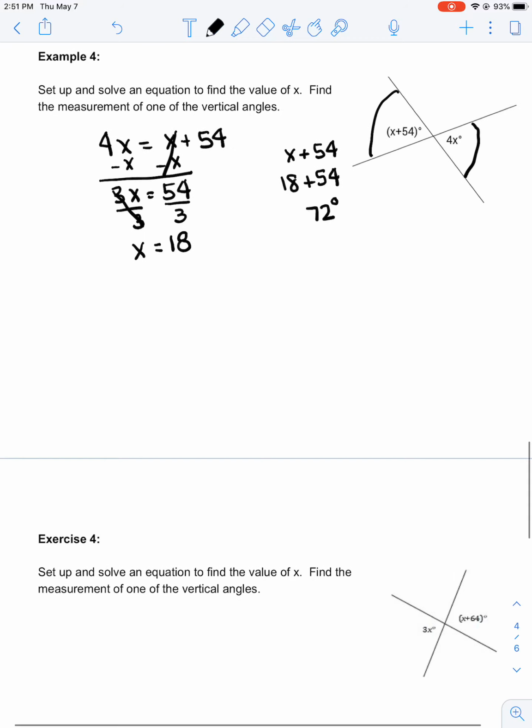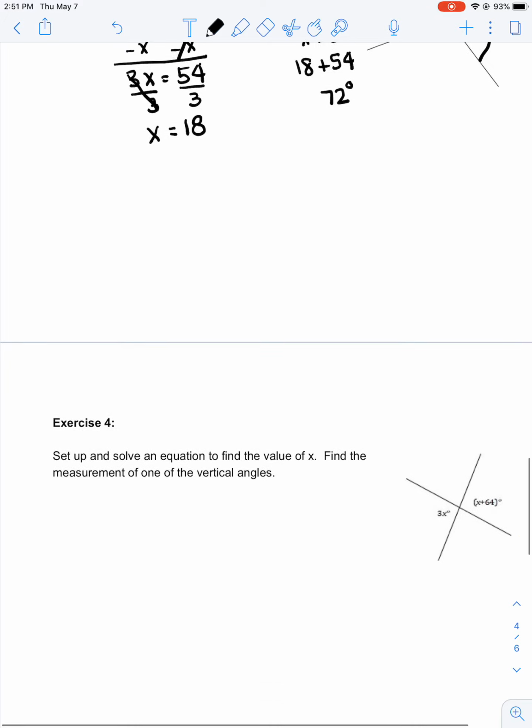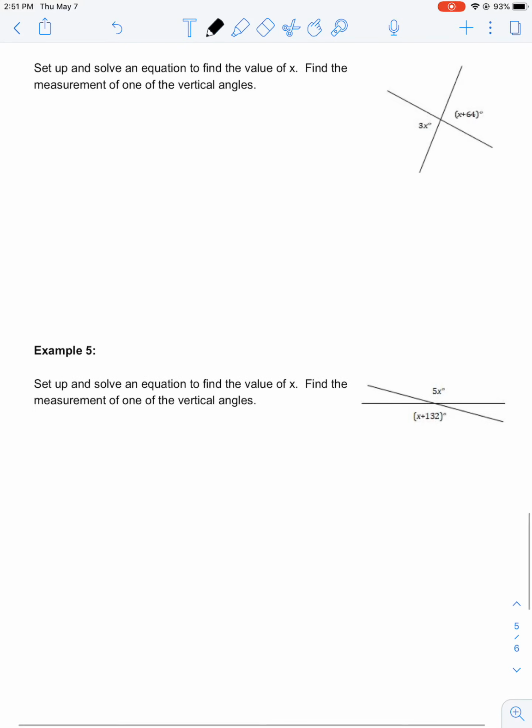The next thing that I have to do is for exercise 4, and again, we are going to be doing the same thing. We have 3x and x plus 64 degrees. We have 3x equals x plus 64 degrees. So I'm going to subtract x from both sides.